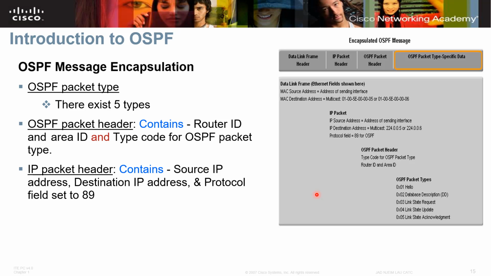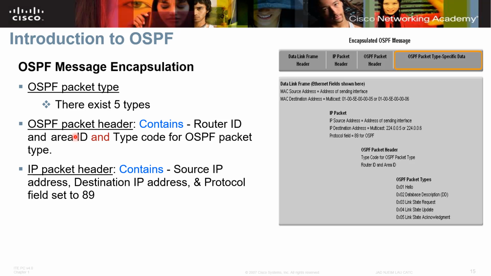Then today we'll start with the Open Shortest Path First packet-specific content, or the message content. First, in this message we need to define the packet type. We add one field for identifying the packet type, and there exist 5 types of packets that can be exchanged under the Open Shortest Path First protocol.